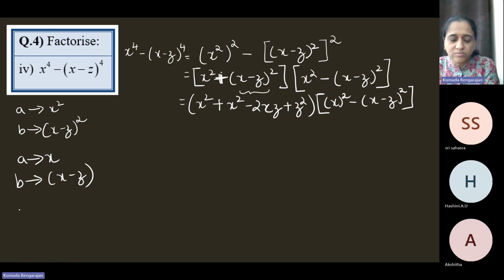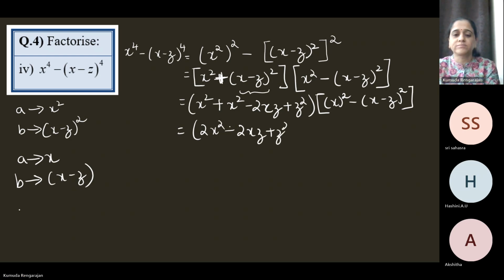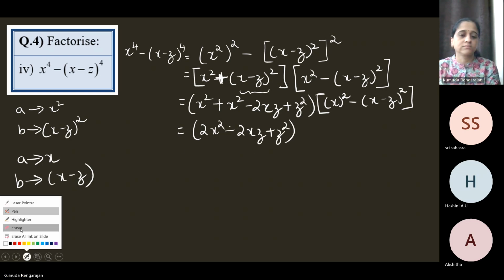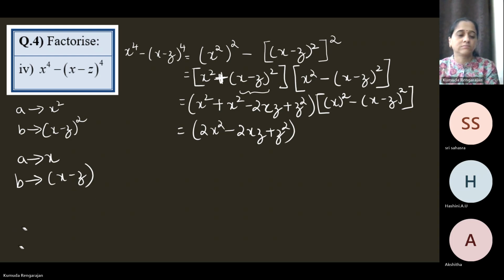I said where there's this plus sign, expand x minus z the whole square. Here you don't expand because you can again treat it as a squared minus b squared. Come back to the first bracket. X squared plus x squared is 2x squared, then minus 2xz plus z squared.